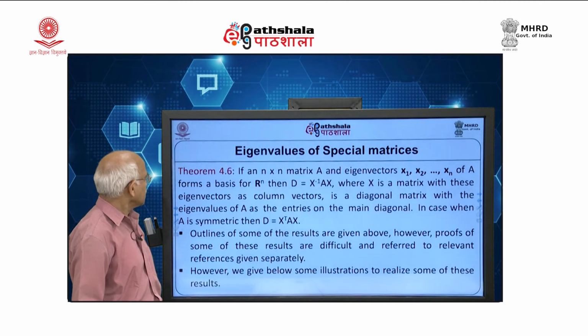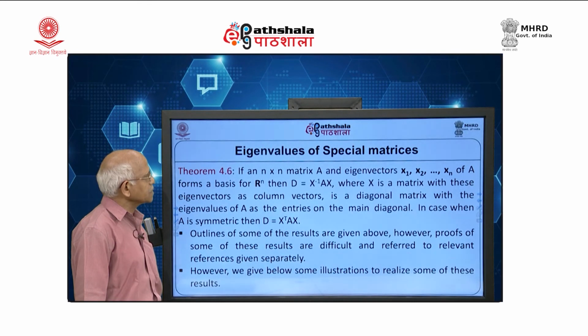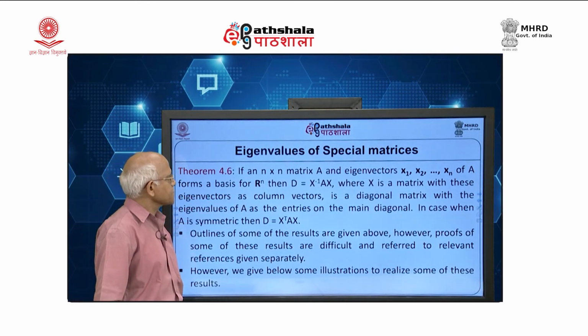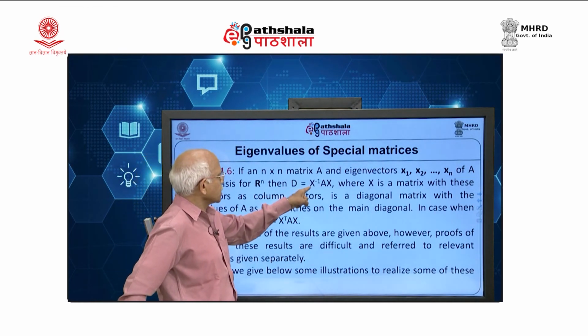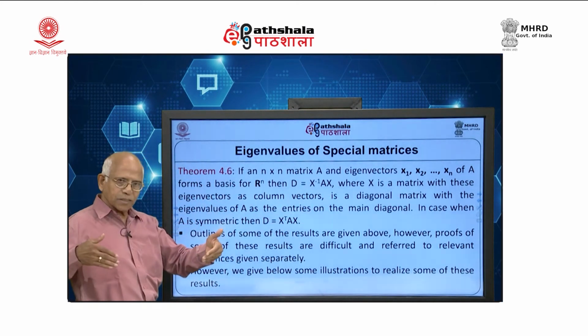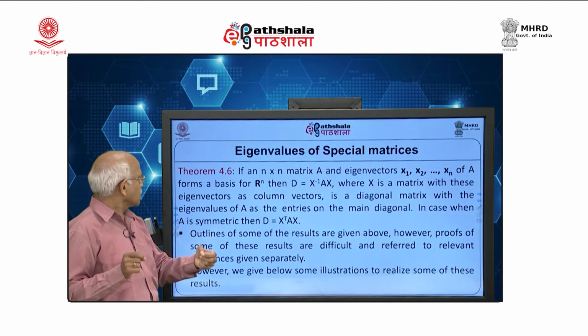And we have a theorem which says that if an n×n matrix A has eigenvectors that form a basis of R^n, then I can diagonalize the matrix like this. So, D equals X inverse A X, where X is a matrix with the eigenvectors as column vectors, because the eigenvectors form a basis.